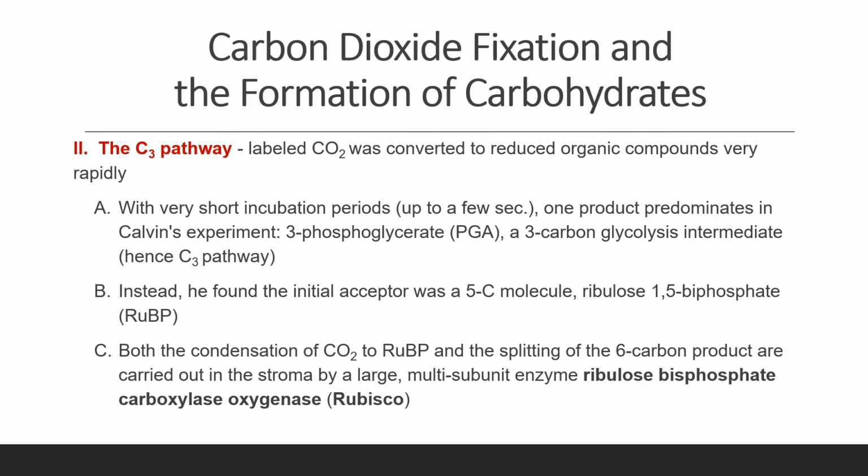Okay? So coming from the initial findings of a 2 or 3 carbon compound, they eventually found out that the acceptor was a 5-carbon molecule, which is acted on by Rubisco.